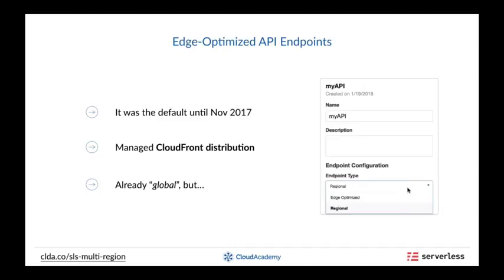So today we're not discussing how to go global. We're discussing how to go multi-region. So if you remember the diagram, your users will all use the same endpoint, and CloudFront will take care of routing their request to the API in the region where you have deployed it. And since November 2017, you have a new option of regional API gateway endpoints.